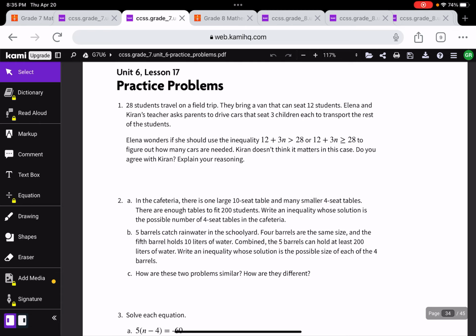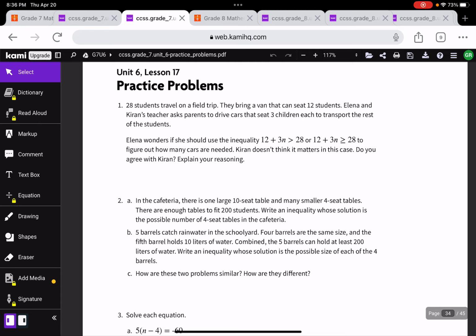Number 1, 28 students travel on a field trip. They bring a van that can seat 12 students. Elena and Kieran's teacher asked parents to drive cars that seat 3 children each to transport the rest of the students. Let me read that again. 28 students. They bring a van, takes 12 students.